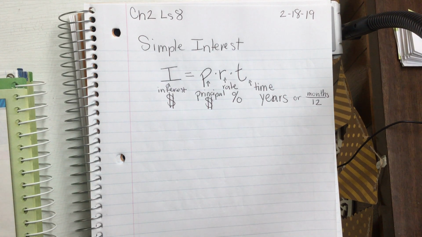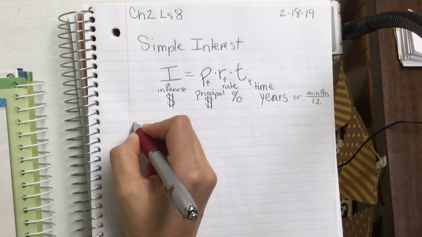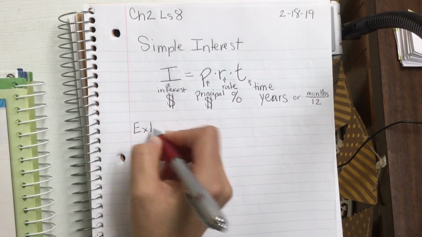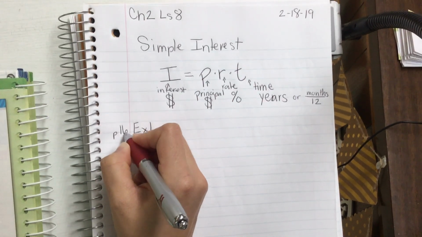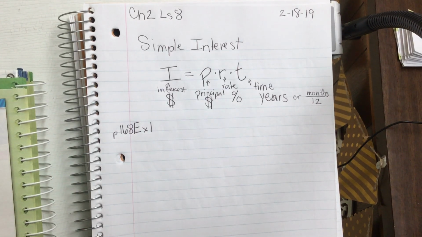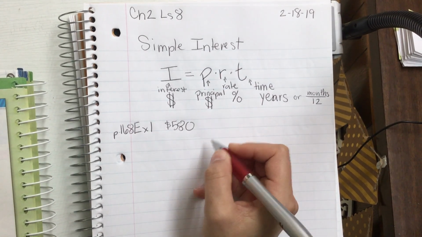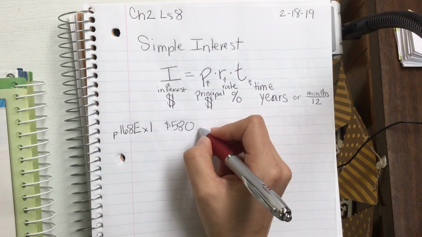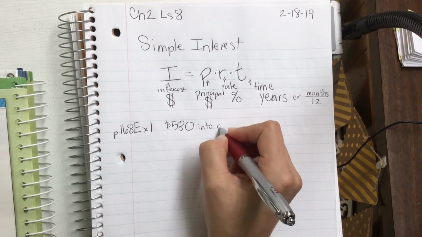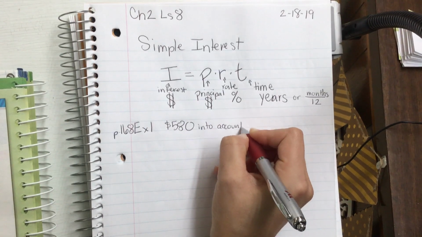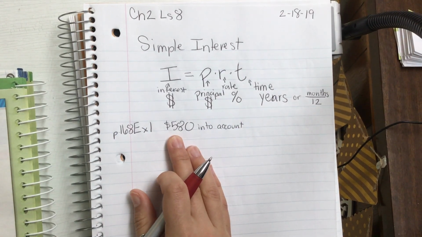All right, we're going to start with example 1, which is on page 168. Okay? Arnold puts $580 into a savings account. That is our money, right?